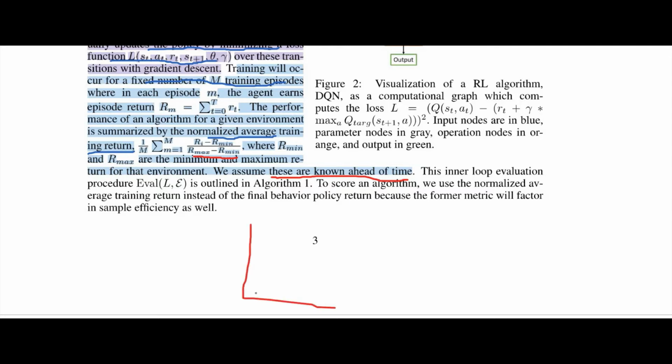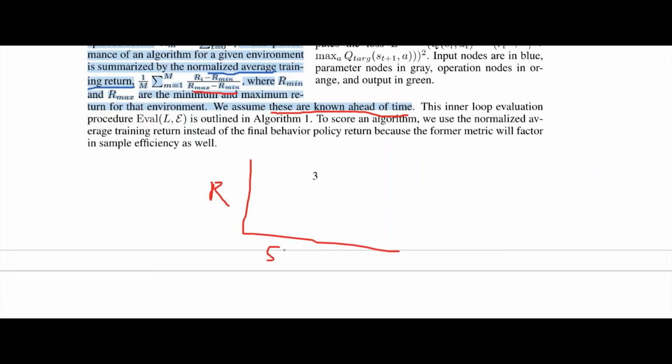If your training curve, if your reward versus steps curve looks like this, a lot of times people just evaluate here, like what is the final reward I got after say 1 million steps. They're not doing that. They are averaging the reward over the entire learning process. So this accounts for sample efficiency as well.